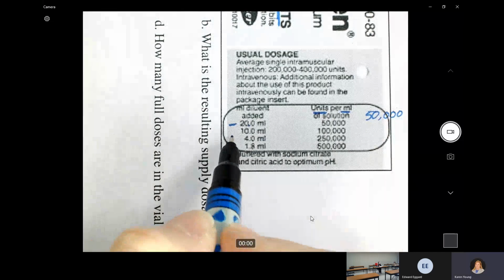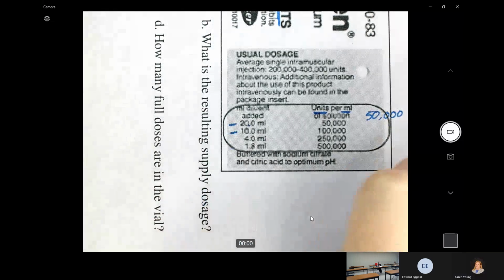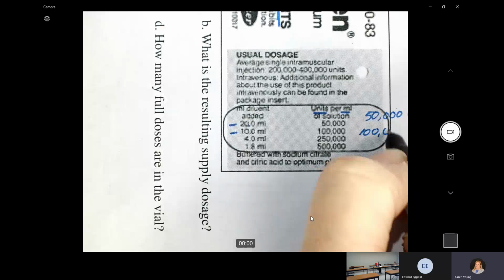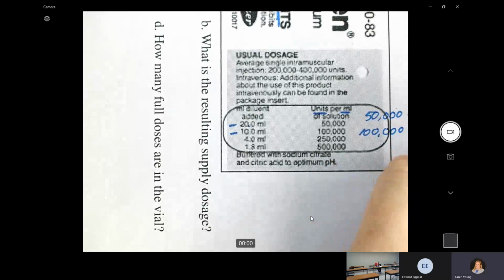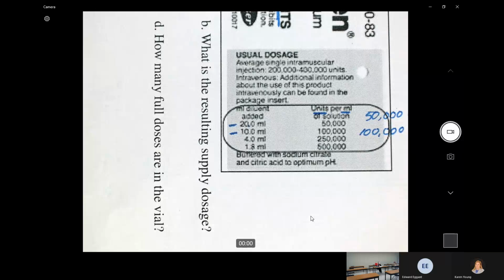So if I add 10 milliliters, I'm going to have 100,000 units per milliliter. Okay. If I add 4 milliliters, then I'm going to have 250,000 units per milliliter.